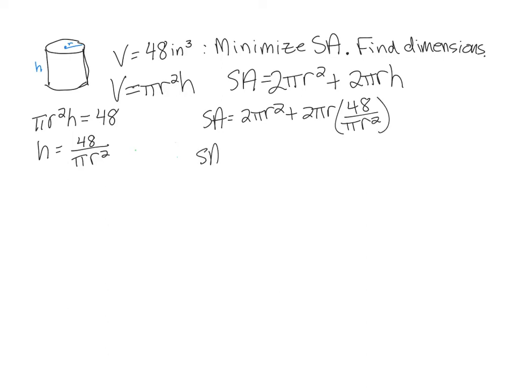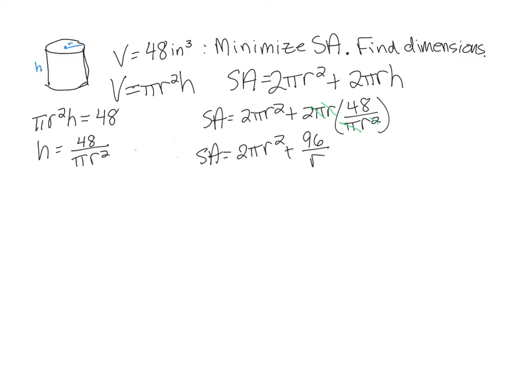Simplifying that piece, I have a 2 times 48, which gives me 96. The pi's cancel, and this r cancels one of those r's, and I end up with an r in the denominator.